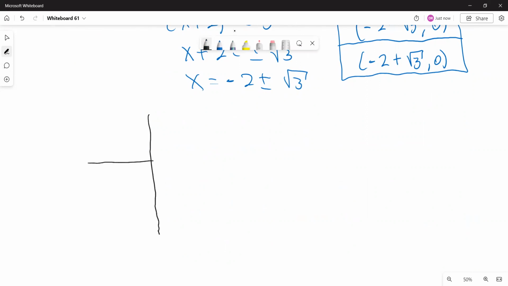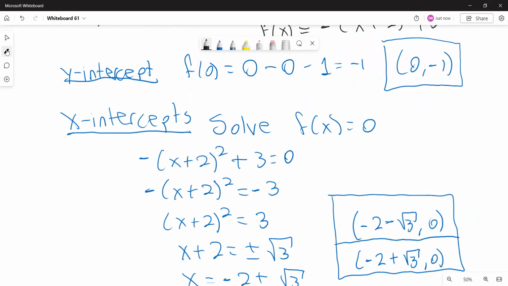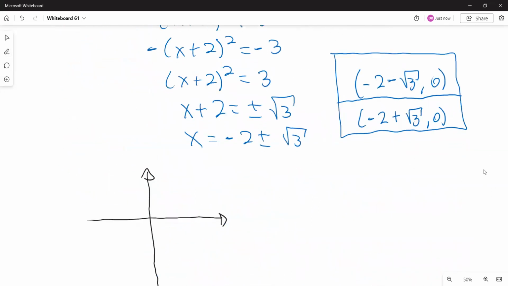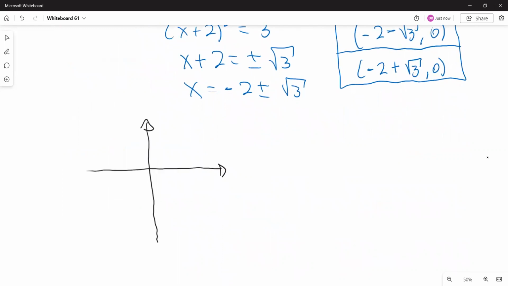We found that the vertex of the graph, the vertex of the parabola, is (-2, 3). Okay, so that's the vertex of the parabola, (-2, 3).